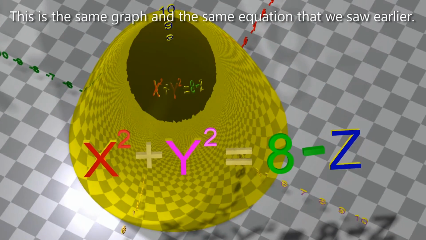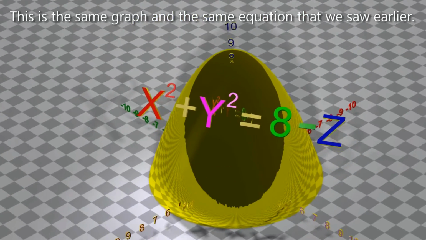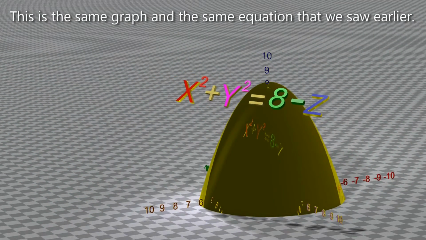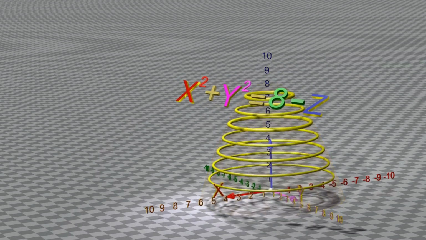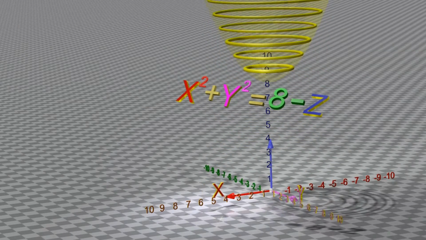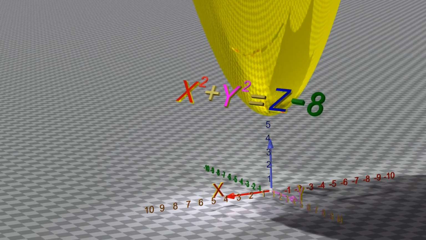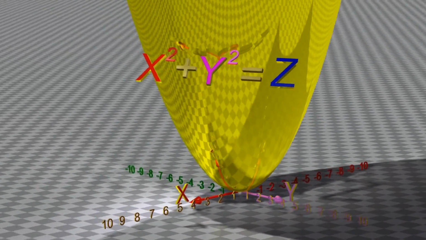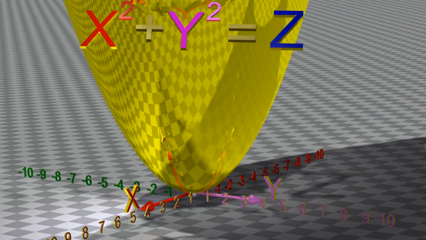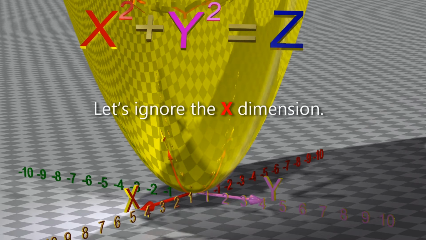This is the same graph and the same equation that we saw earlier. Let's ignore the x dimension.